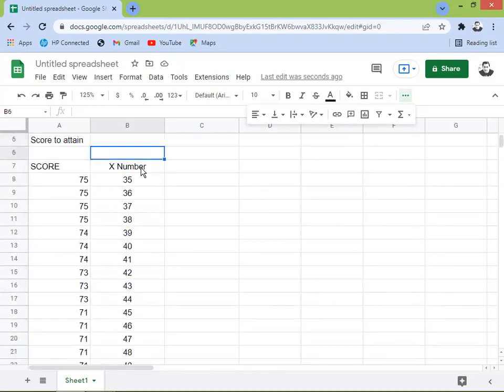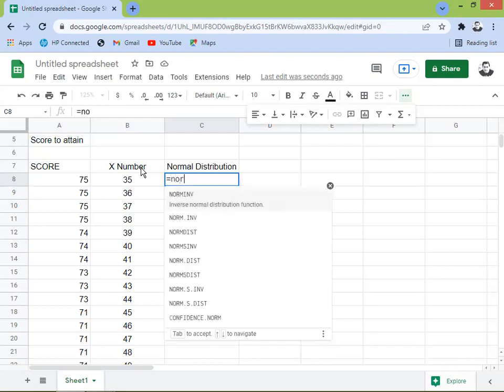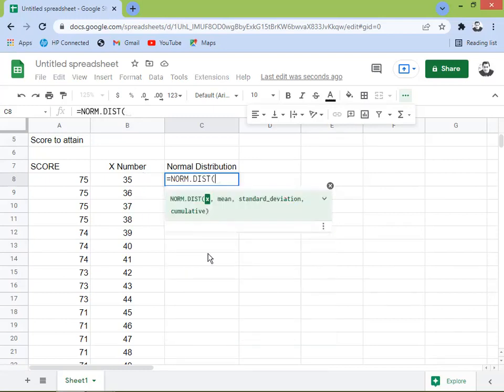This would be the horizontal axis of our bell curve. Then the next thing I'm gonna do is the normal distribution. Okay, that would be our normal distribution header, or rather title. And then we're gonna use NORM.DIST.